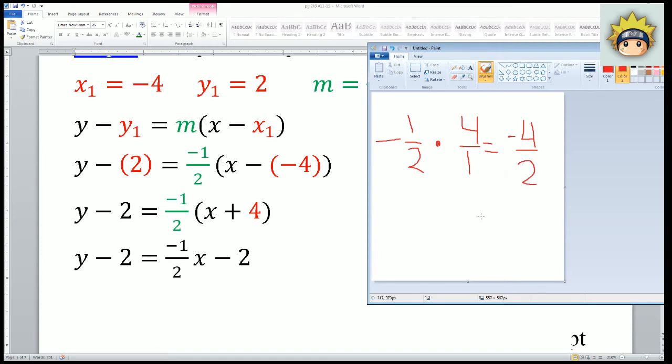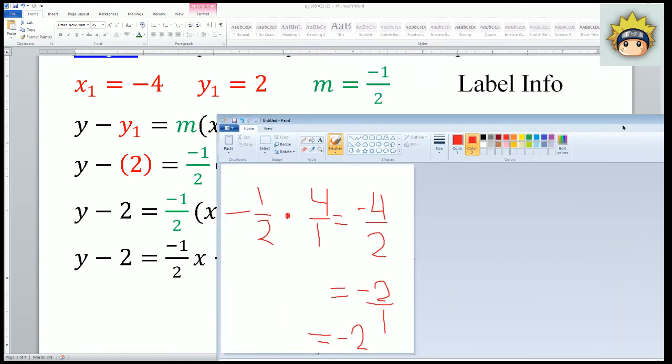You can simplify negative 4 over 2 by pulling out the value 2. It becomes negative 2 over 1. Do we ever write it as 2 over 1? No, you can just write it as negative 2. Do you see how that distributive property produces the negative 2? Here's the work if you need to. This is a little review on how to multiply fractions as well.